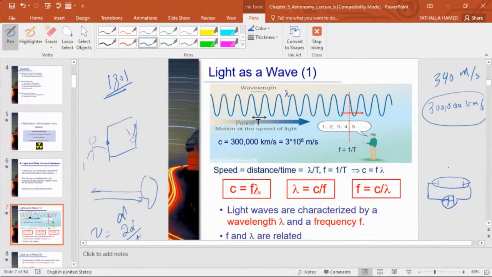The strange thing is that when light hits, it causes an electrical current. And that was known as the photoelectric effect. Photo means light. It was not known why it does this.